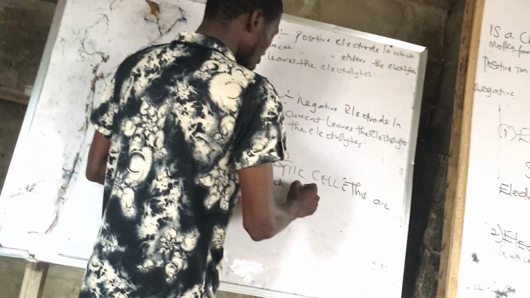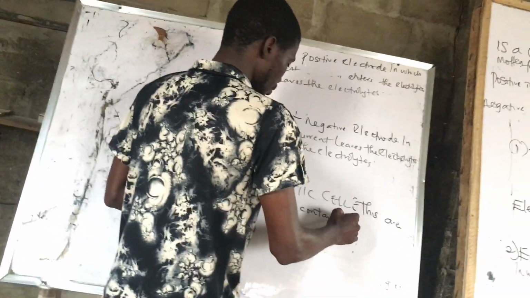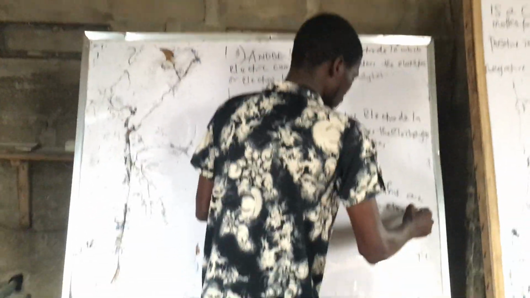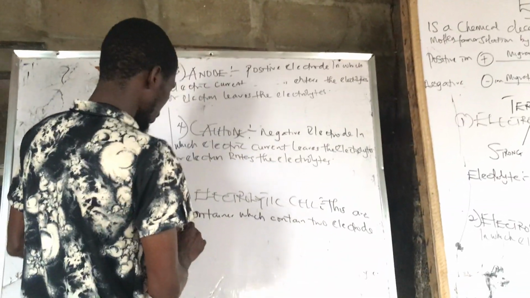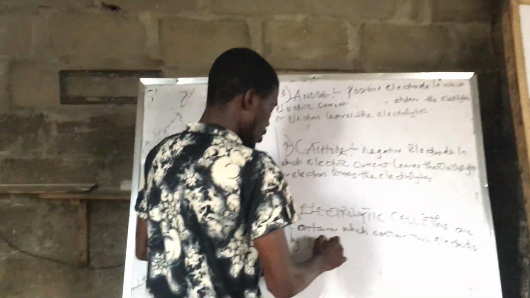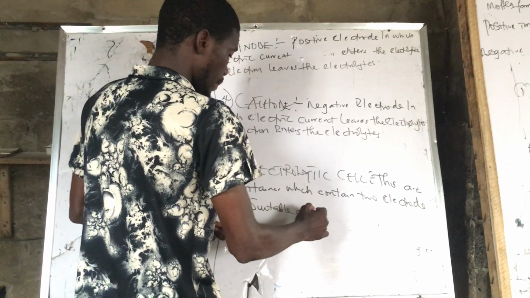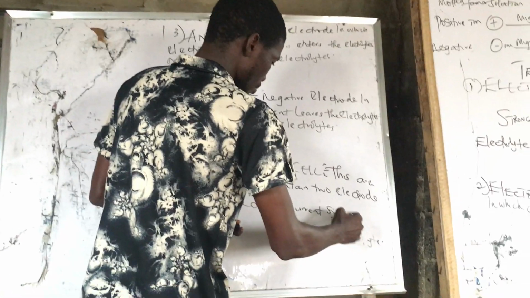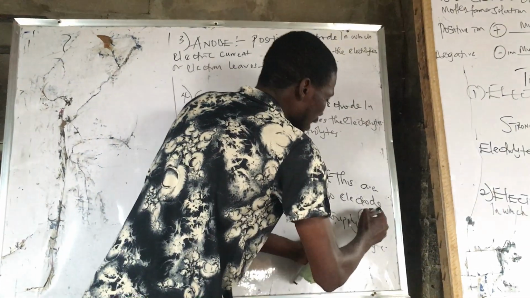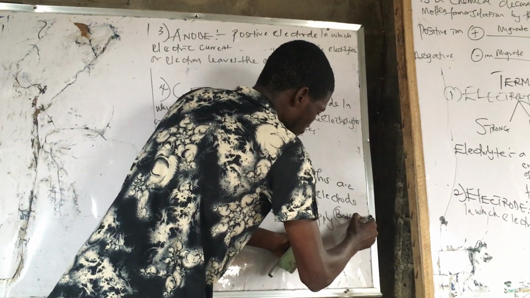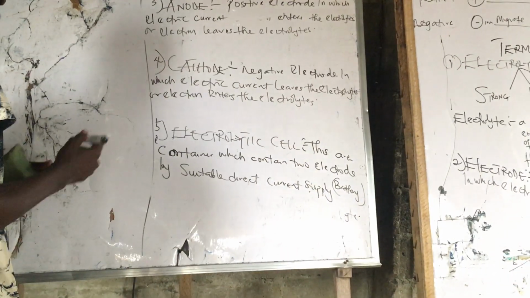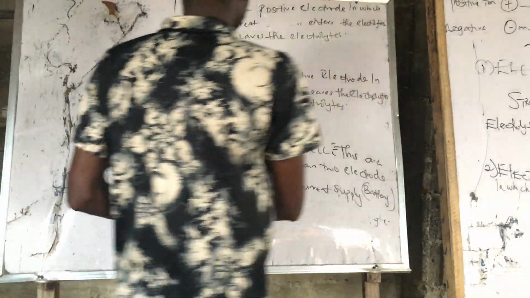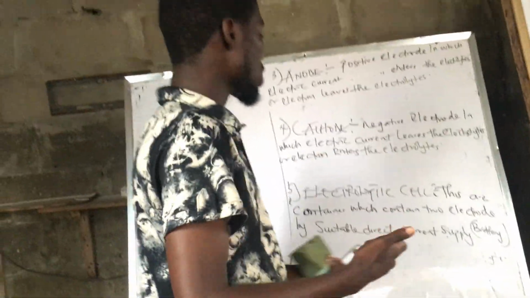These are containers which contain two electrodes connected by a suitable direct current supply. I can take this one to be my battery. So class, under this electrolytic cell, these are containers which contain two electrodes by a suitable direct current supply.